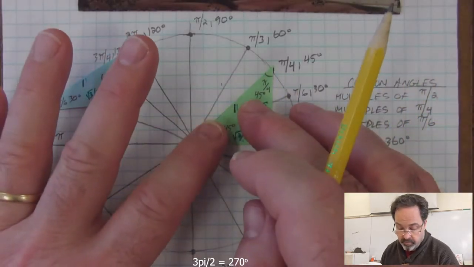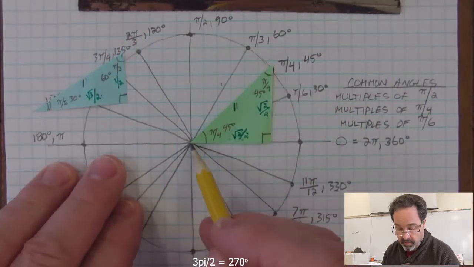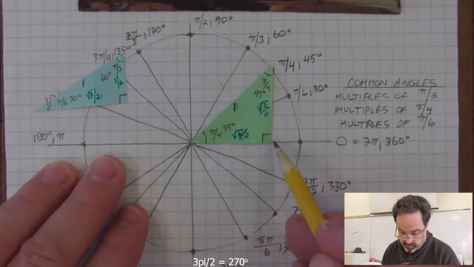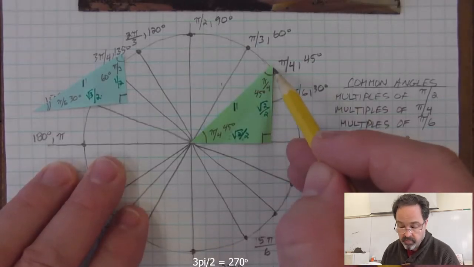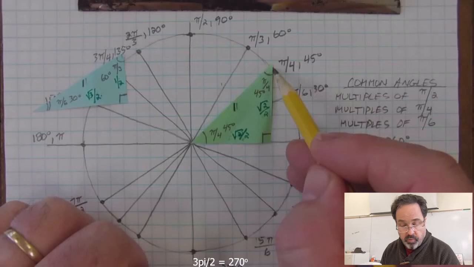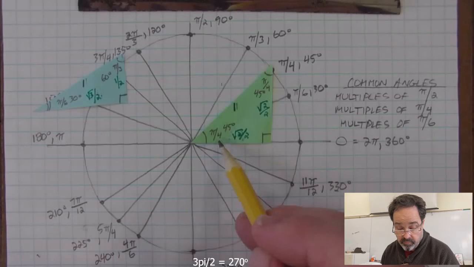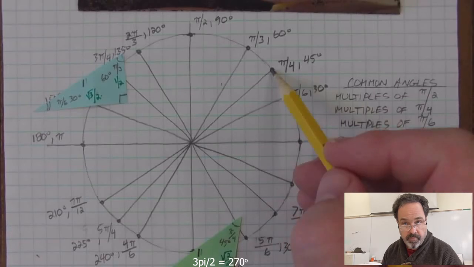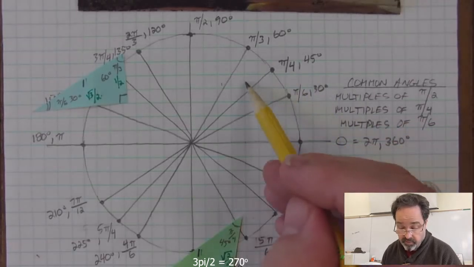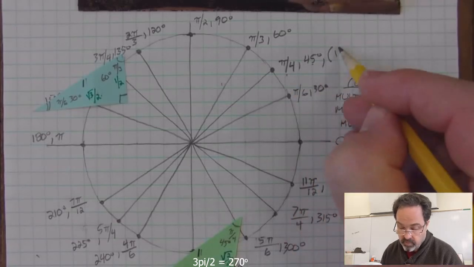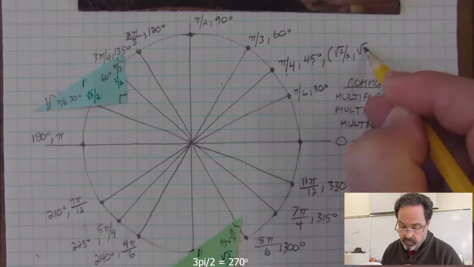The x value of the point is radical 2 over 2. And the y value of the point is the measure of this leg to get up to the point, radical 2 over 2. The angle associated with this point is also the angle found in this triangle of 45 degrees, or pi over 4. So the coordinates of the point associated with the angle of rotation of 45 degrees, or pi over 4 radians, is radical 2 over 2 x and radical 2 over 2 y.